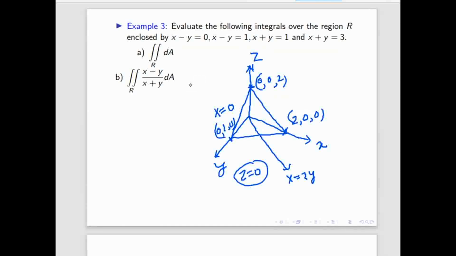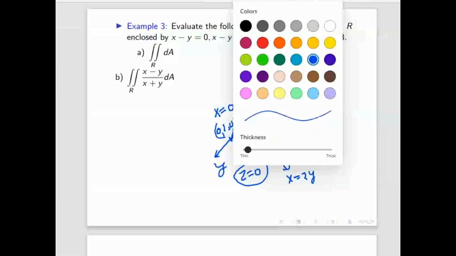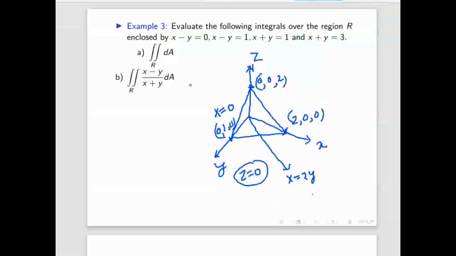Can anyone tell what the region is? So I'm just trying to see this bottom, z equal to 0 is this one. This is the bottom of this region on the xy plane.